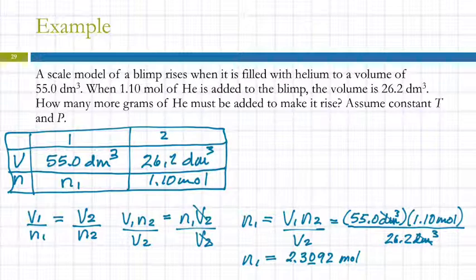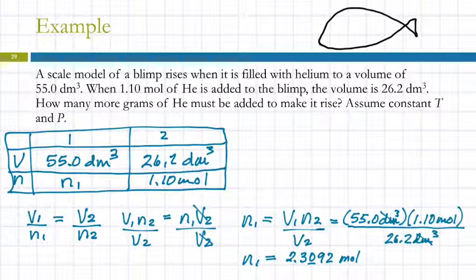So I found a thing, right? What's the question asking for? It's asking for a mass of helium. How many more grams of helium must be added to make it rise? So here's another situation where we might want to draw a picture. There's a big blimp, kind of looks like a weird fish.